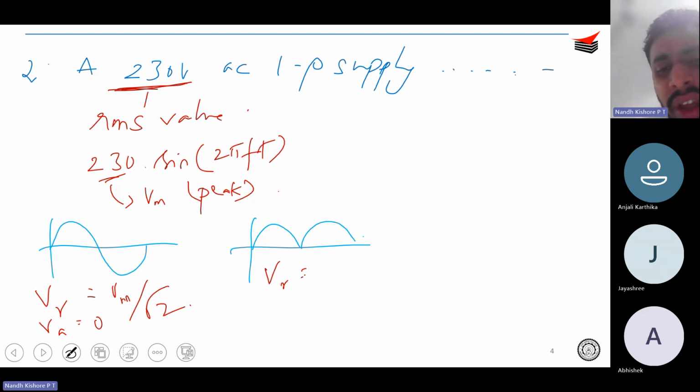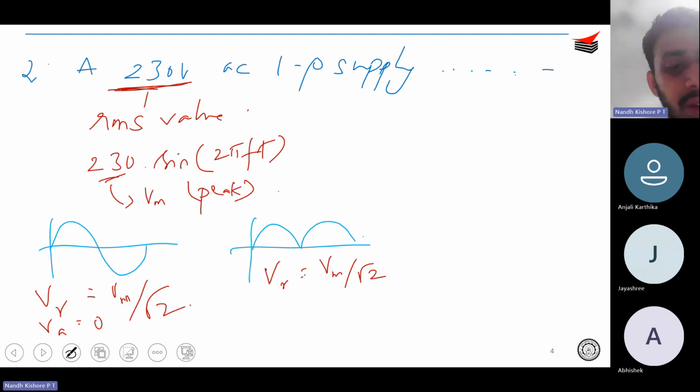Now Vrms for this waveform: this is nothing but a single phase full bridge rectifier, right? Both waveforms are getting rectified, both in the positive half and the negative half. So Vrms will be given by Vm over root 2. It will be better if you note this down somewhere. This waveform thing is really good. I found this helpful whenever I was preparing for exams.